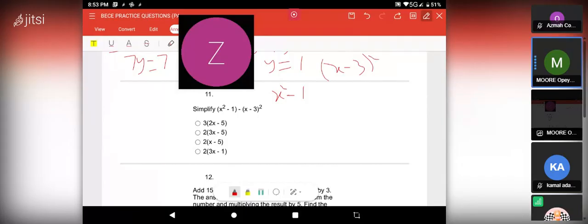If you multiply that, it will give us x squared minus 6x plus 9. Now, this one is square, this is square. If you look at it critically, they have gone. Sorry, they have not. So that is 2x square. But there is a minus sign there.